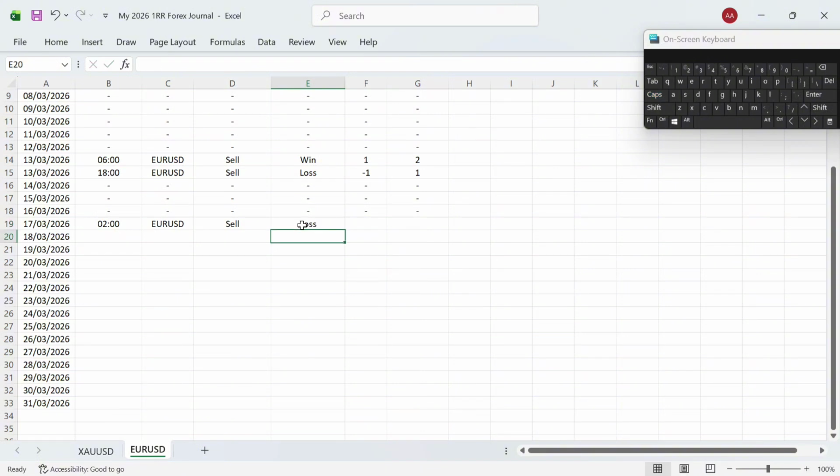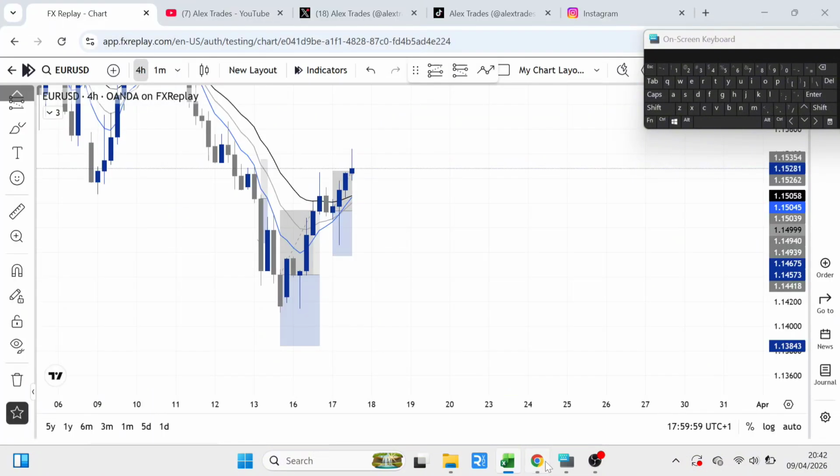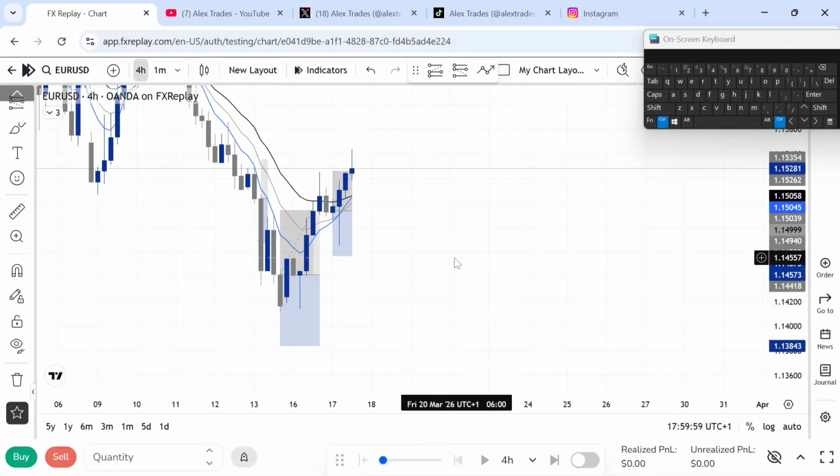It ended up as a loss. This is a negative 1. And this becomes our previous cumulative plus our current P&L. Okay, so going back to the charts, let's continue.